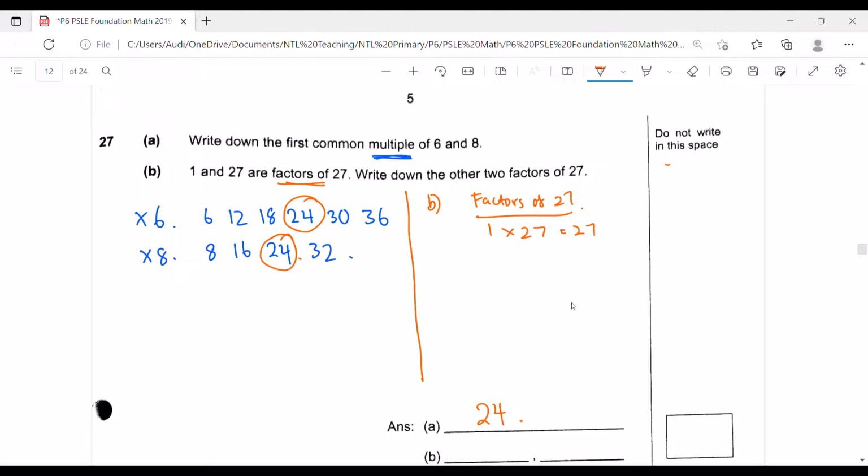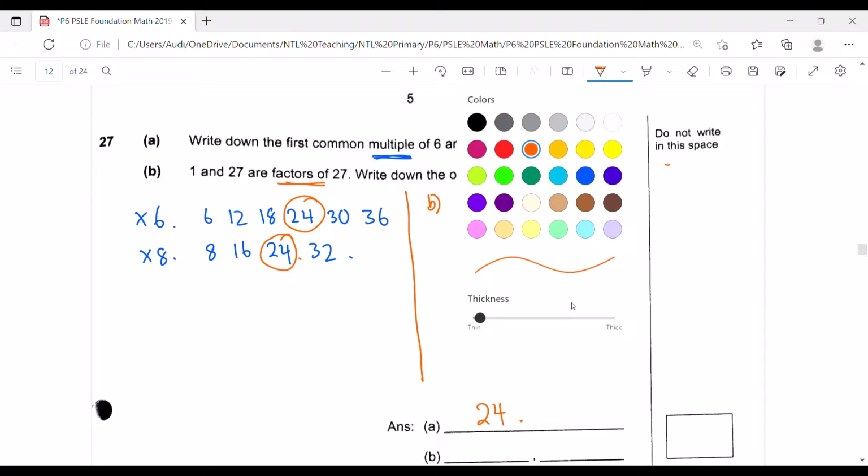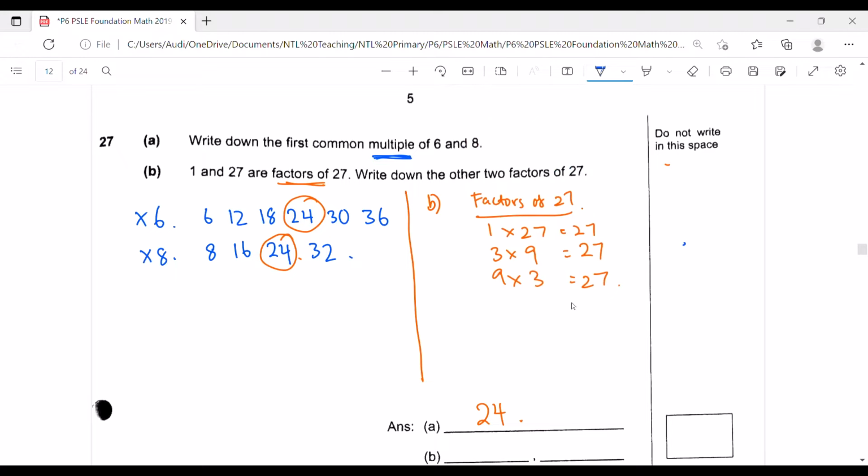No, we can't. Okay, what else? We can have 3 times 9 equals 27. Anything else? Not 4, not in the 4 times table. 27 doesn't appear in the 4 times table, not in the 5 times table, but we have a 9 times table, and that's it. But notice that in the 9 times table, the two numbers are repeated, 3 times 9, 9 times 3, so we just cancel this out.